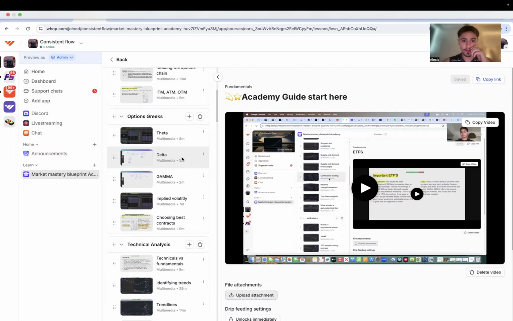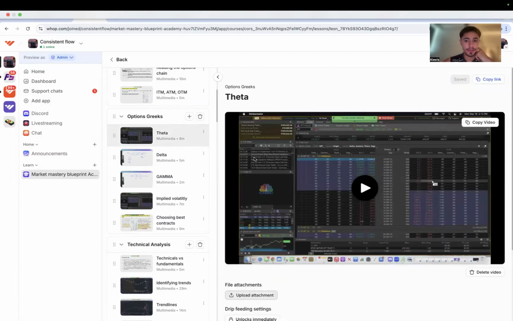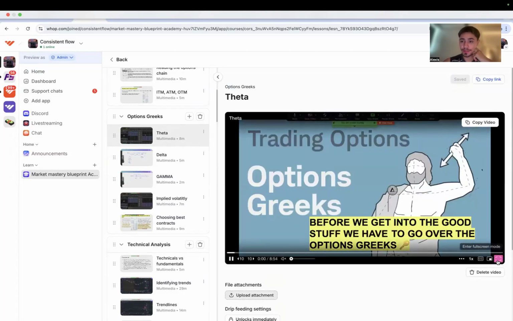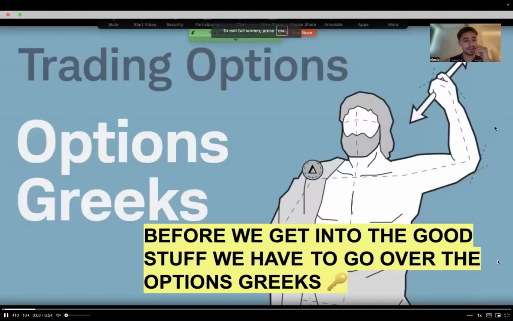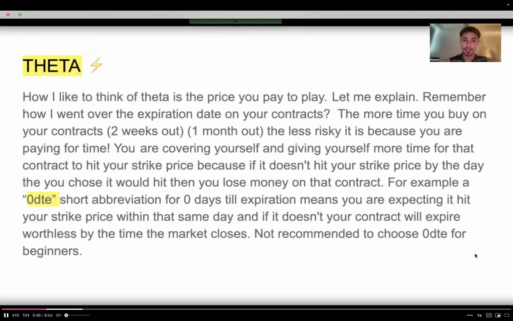So let's start with theta, which is probably one of the most important options Greeks that a lot of traders do not keep in mind. It's so important to know what these Greeks are before you even touch options, right? How I like to think of theta is the price you pay to play. Basically, the more time you buy on your contract, the more expensive the contract will be, because you're paying for time.